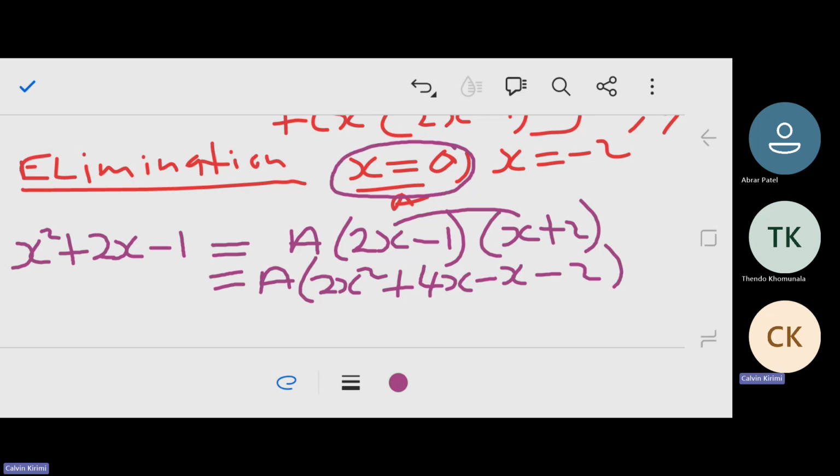So that's what we have for A. Then we equate the coefficients. If we take the coefficients in the x squared, we are equating the x squared only.